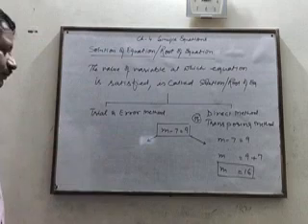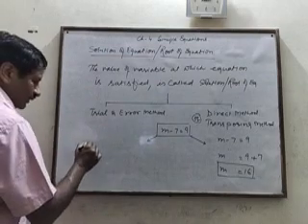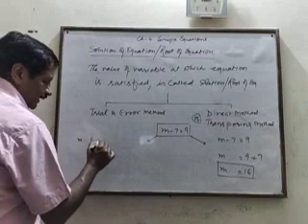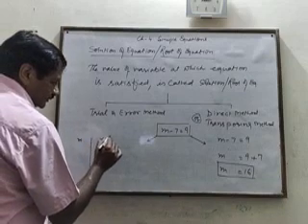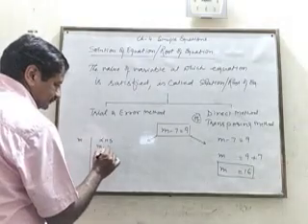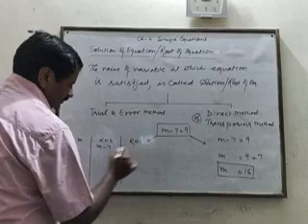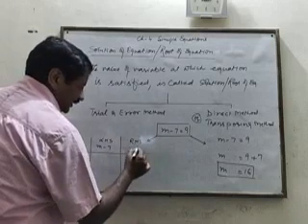But in trial and error method, we will write here m. We will write here the left hand side, that is m minus 7, and here the right hand side, that is 9.